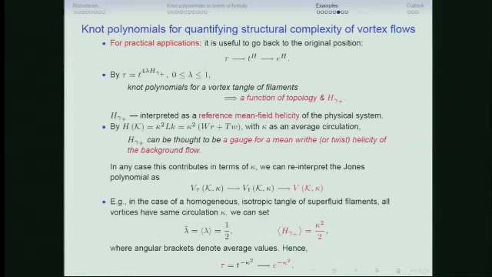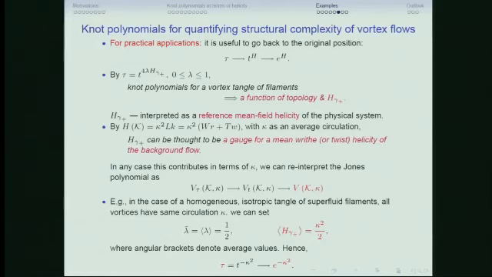And then this guy can be thought to be a gauge for the mean helicity of the background flow. Then the polynomial becomes such a function of the topology and the circulation.